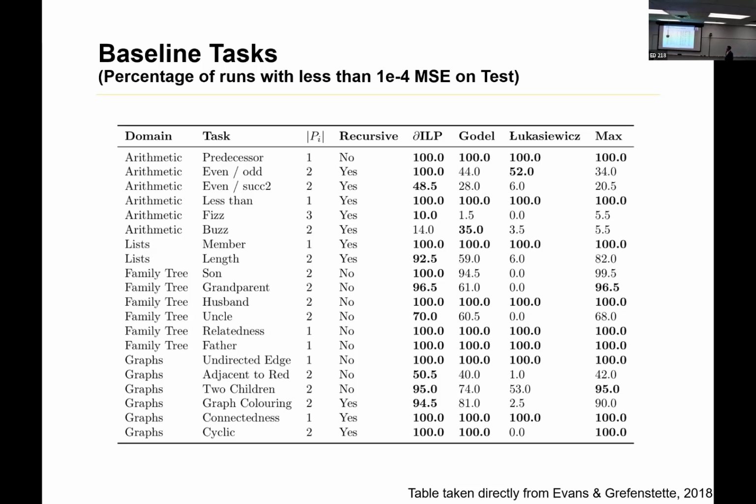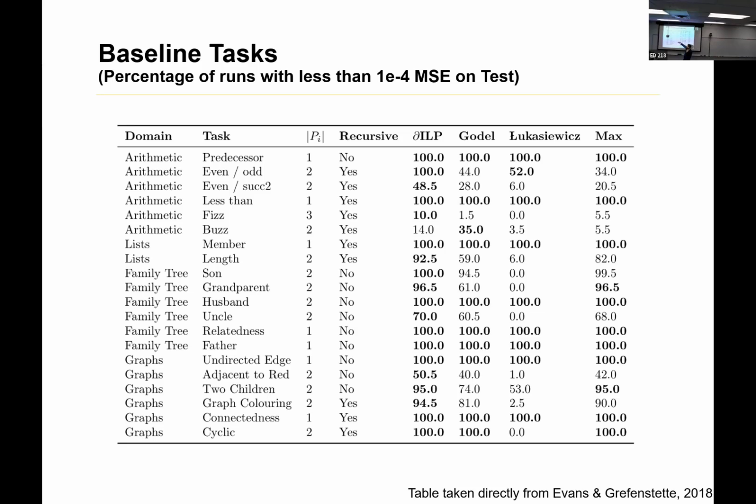One thing I want to show is the difference between the various fuzzy T-norms that are used. And here we're looking at the percentage of runs with a very small mean squared error. These are all very toy problems, like even odd is classifying digits as being even and odd.